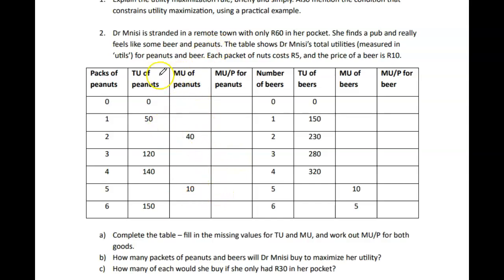Now, what you need to understand is this is total utility and this is marginal utility. So the way to get those figures is this. This will always be 0. So if you see total utility 0, you put straight away marginal utility 0. And then the next one over here. To get this figure, it's basically this figure plus this figure, so this figure plus this figure has to equal that.